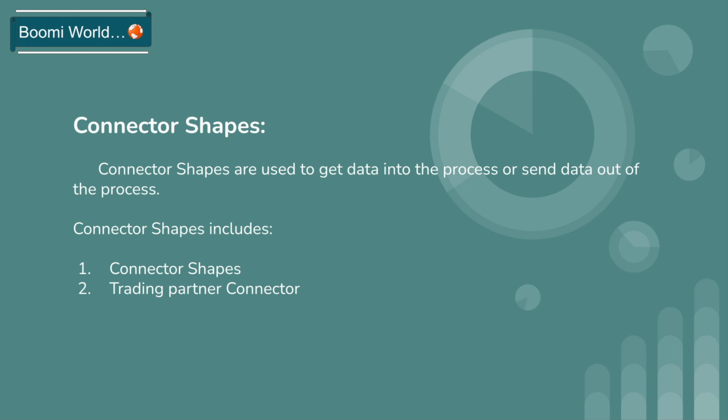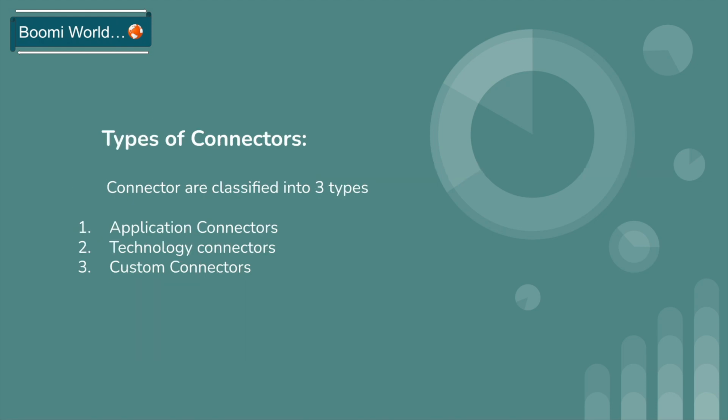Okay. So connector shapes include connectors and trading partner connectors. So what are these connectors and trading partner connectors? Suppose you want to connect with any third party application, at that time you need to use connector shapes. Suppose you want to connect with any organization, in that case you need to use trading partner connectors.